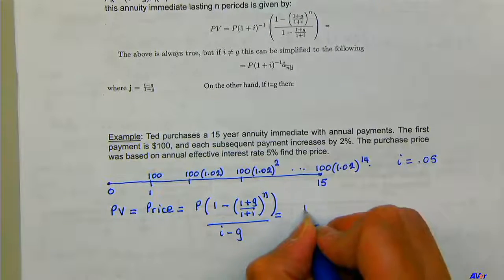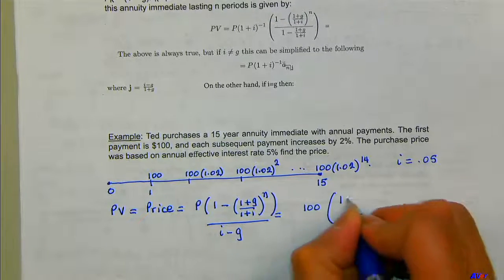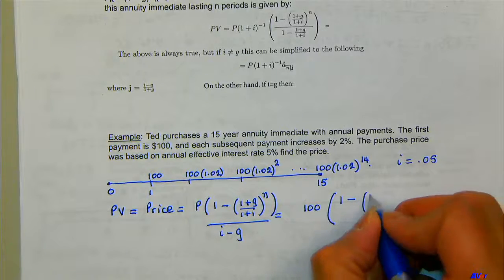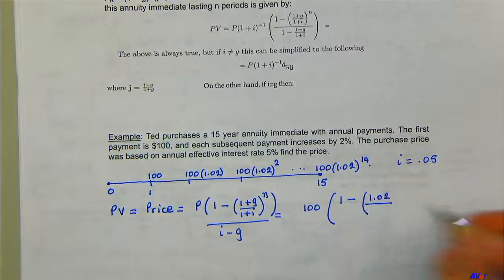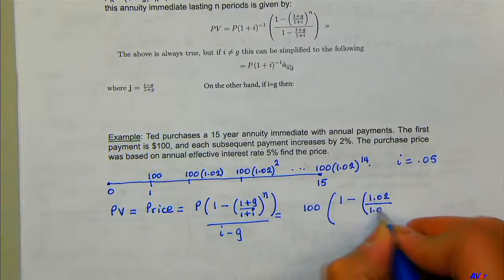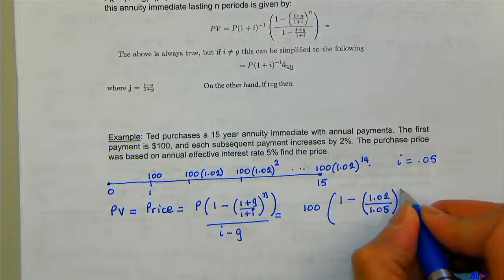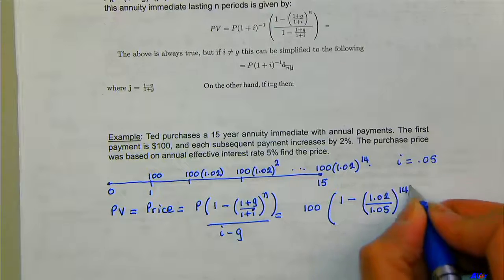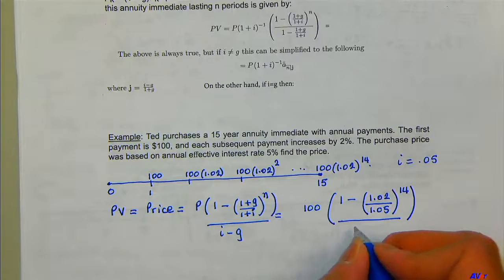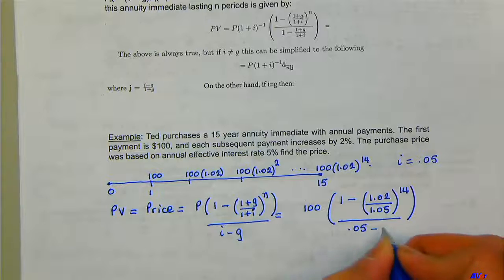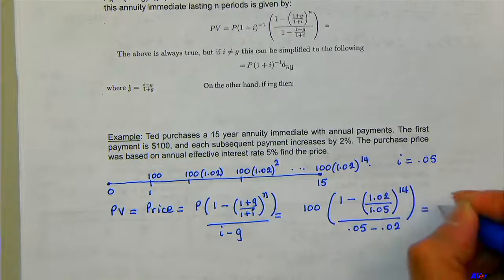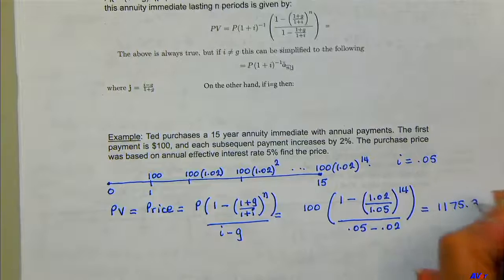So in my case it's 100 times 1 minus (1.02 divided by 1.05) to the nth power, 14th power, over i minus g, 0.05 minus 0.02. And this turns out to be 1175.38.